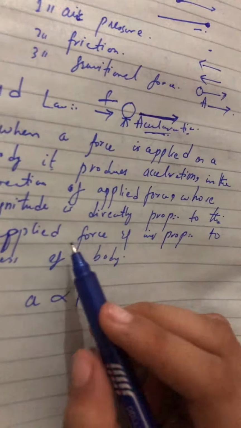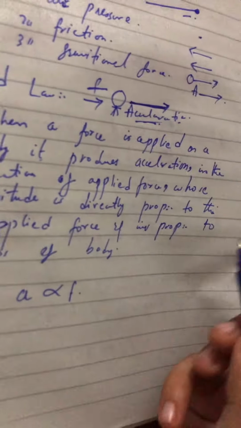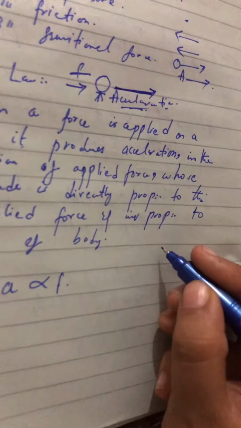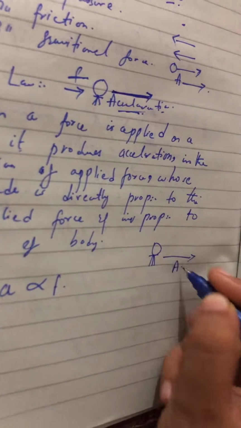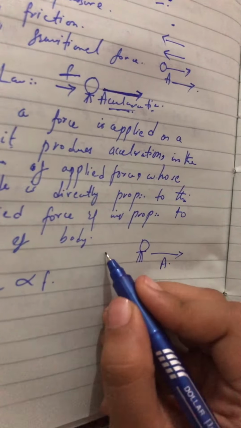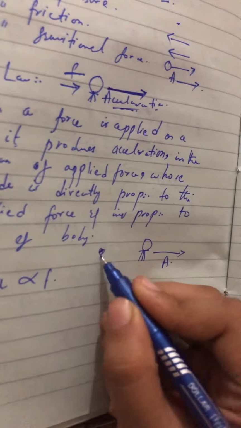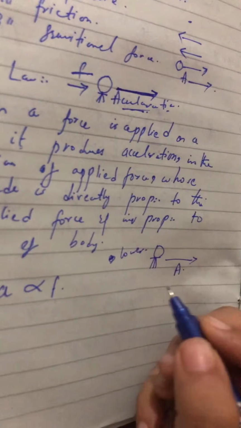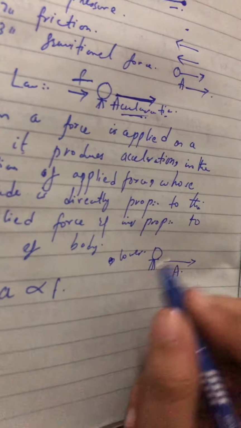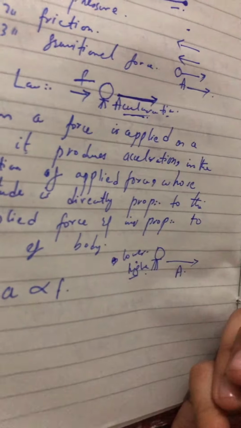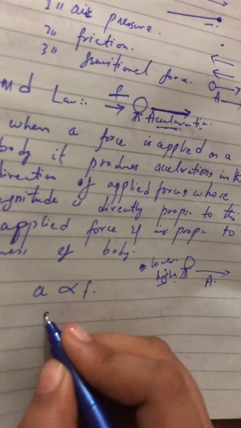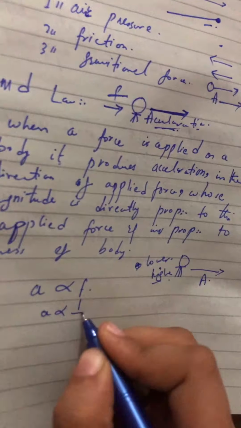And it is inversely proportional to the mass of the body, which means that this is a body, it produces acceleration. If the mass of a body is lower, the body will produce higher acceleration. If the mass of a body is higher, it will produce lower acceleration. So acceleration is inversely proportional to the mass.